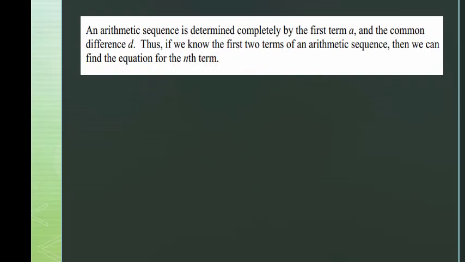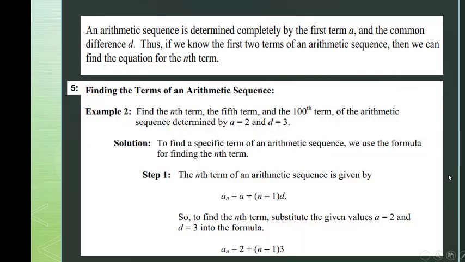Let's see how to find the terms of an arithmetic sequence. If we want to find the ninth term or fifth term or sixth term or hundredth term or any term in the sequence, we must determine firstly the first term and the common difference in this sequence.